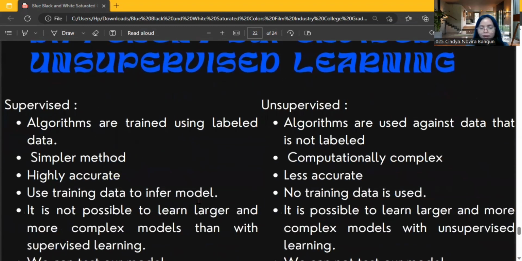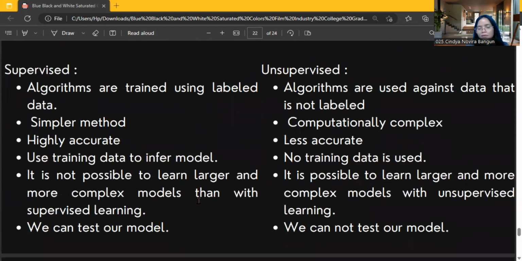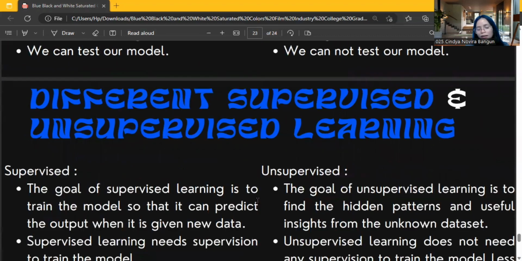Unsupervised learning: 1. Algorithms are used against data that is not labeled. 2. Computationally complex. 3. Less accurate. 4. No training data is used. 5. It is possible to learn larger and more complex models with unsupervised learning. 6. We cannot test our model. 7.